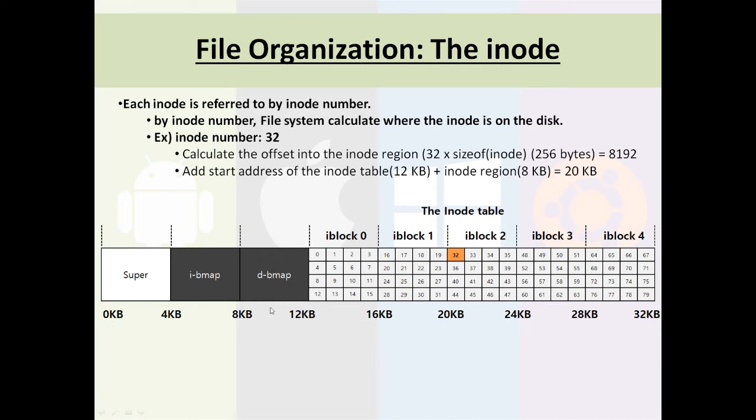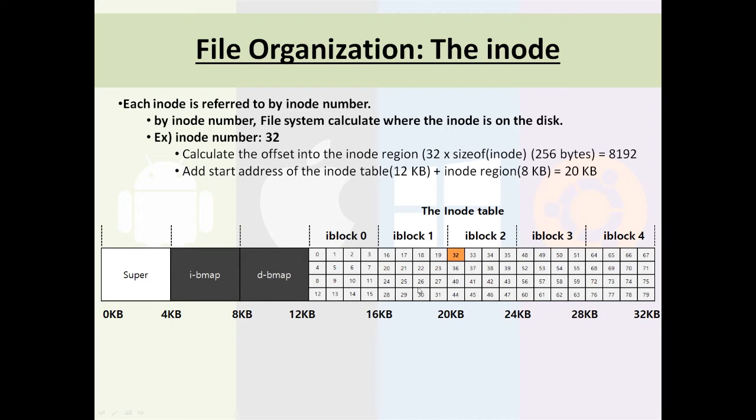We're also going to assume that the inode bitmap is at address 4 kilobytes, so the IMAP bitmap here is at 4 kilobytes. The data bitmap is at 8 kilobytes. And we're going to assume that the inode table comes directly after. These are very general assumptions to make; in general this is how these things are set up. The sizes might vary, but this organization of super block, then inode bitmap, then data bitmap, then inode table is in general how it works.